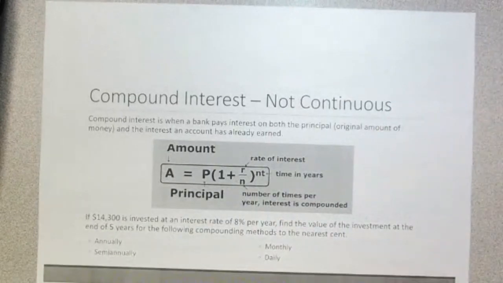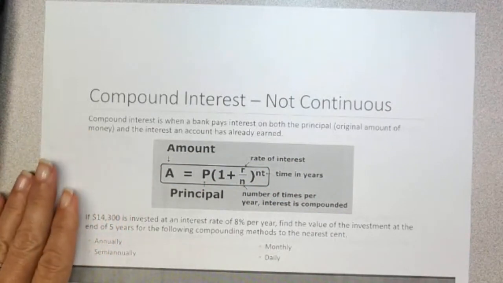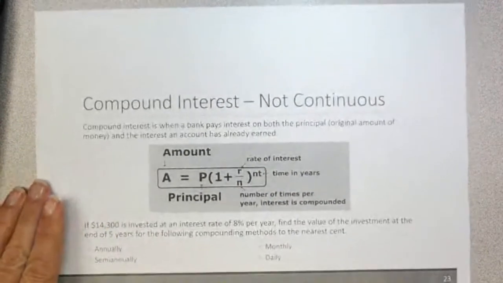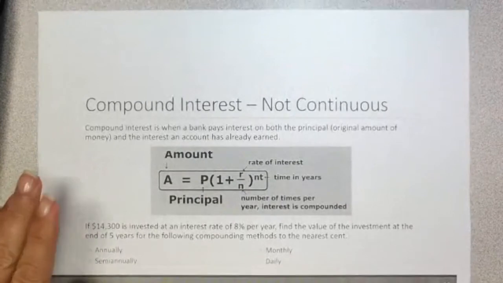Another exponential growth model that is very common is the model that's used for compound interest. Compound interest is when a bank pays you interest on the interest if you have an investment, or when you pay someone interest on the interest when you have a loan.